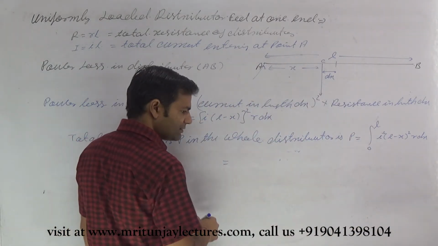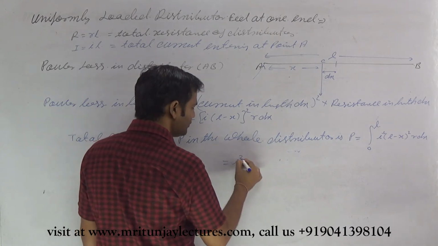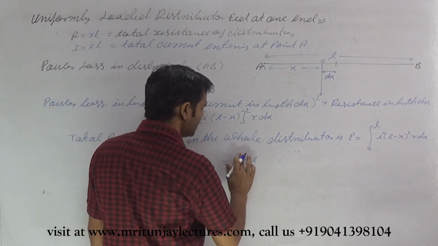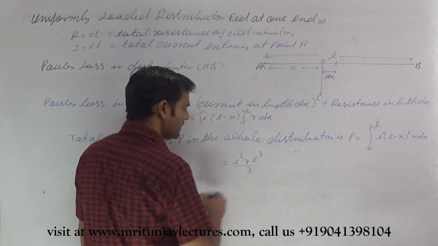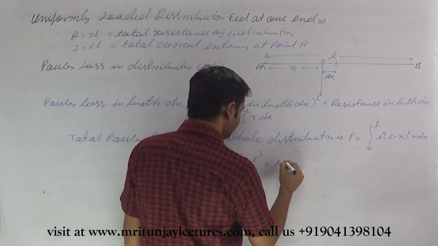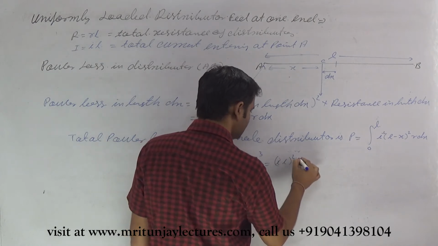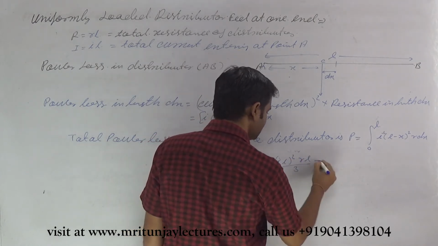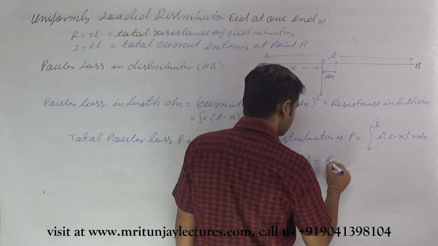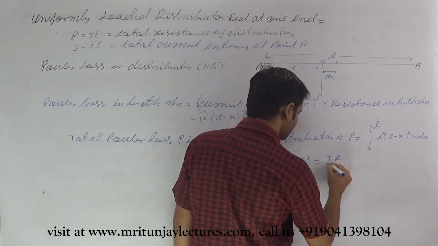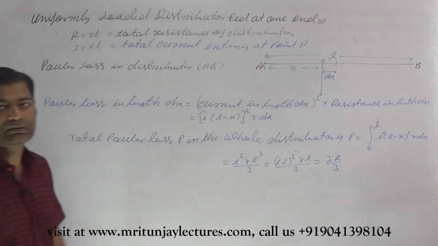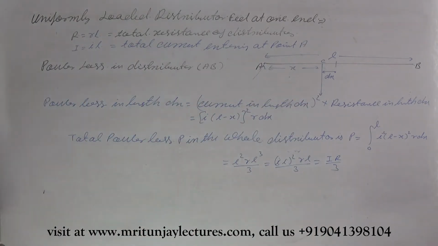We got another formula: I square R into L cube divided by 3, or you can say (IL) whole square R into L by 3, that is capital I square into R by 3. After that I have discussed.